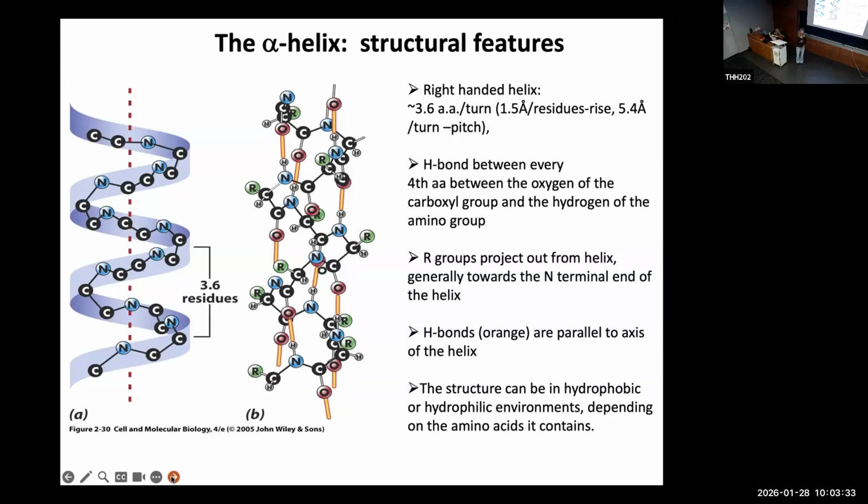Yeah, non-polar amino acids. What are some examples? Alanine, phenylalanine, tryptophan, things like that. Many of them. So that would make a hydrophobic alpha helix. Hydrophilic would be our polar amino acids, or acidic or basic amino acids, and so on.